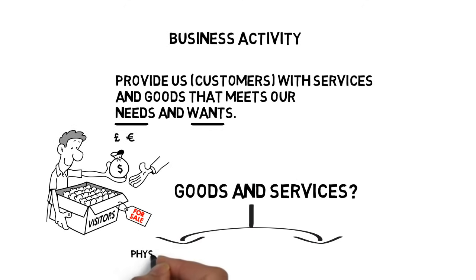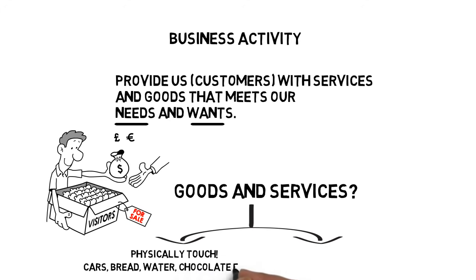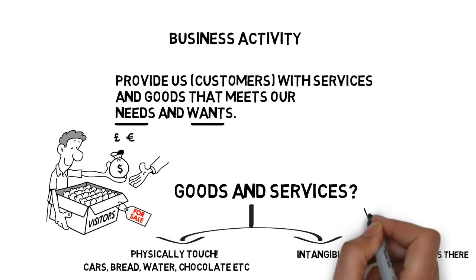Goods are things we can physically touch, like cars, bread, water, food, chocolate, for example. These are all goods, also known as products. Services are intangible, something we cannot touch but is there. For example, car insurance, my website, or my YouTube channel.